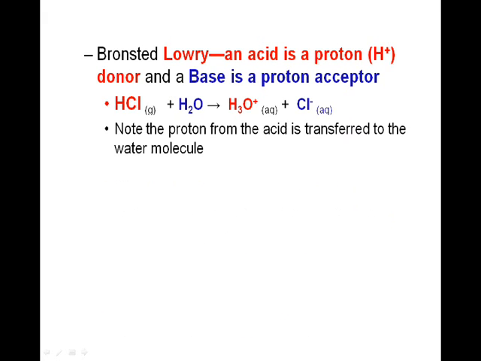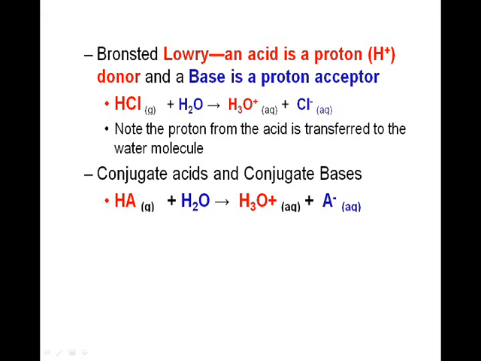The second definition of acids and bases is the Bronsted-Lowry definition. Notice that the acid is the proton donor, and the hydrogen ion, remember, is just like a proton. The proton you see there is being donated to the base, in this case water, so that we always have this system with an acid and a base.